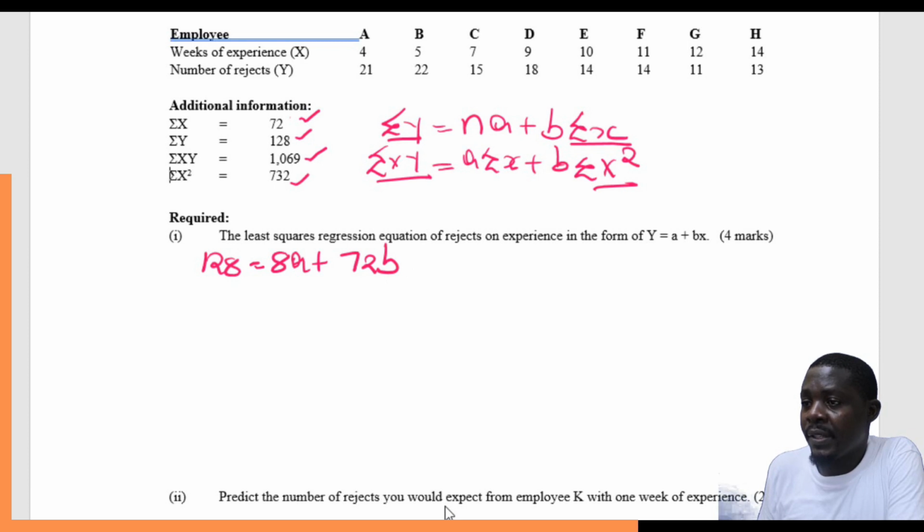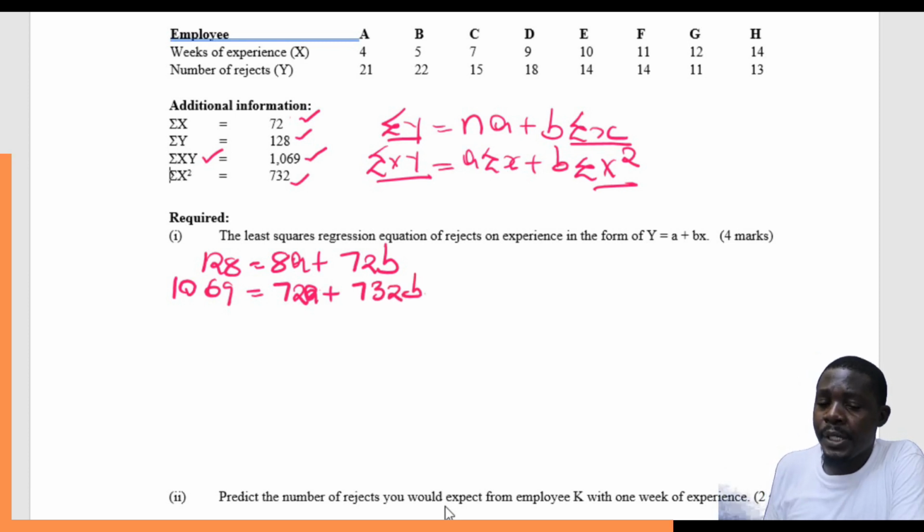Then summation of XY, 1069, is equal to 72a plus 732b. At that point, it forms what we call simultaneous equations.